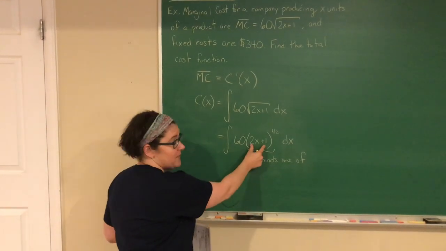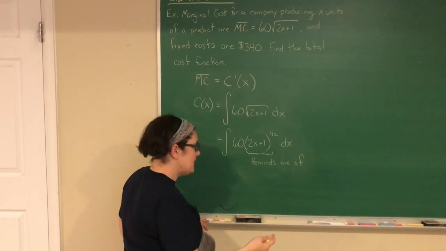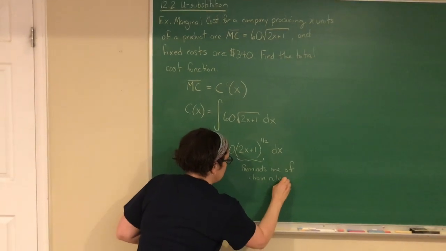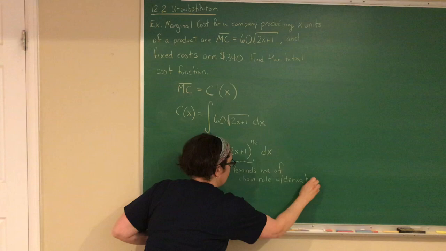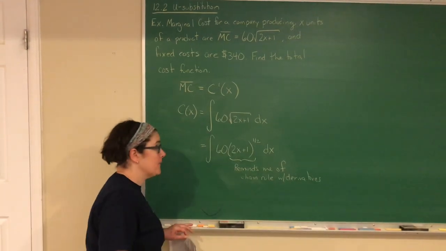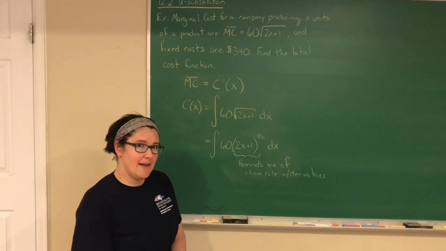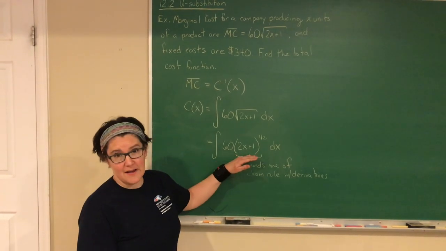In other words, when we have fancy stuff raised to a power, I'm thinking of the chain rule when we're talking about derivatives. So we're actually going to have sort of an antiderivative rule for functions that have an inside in them.